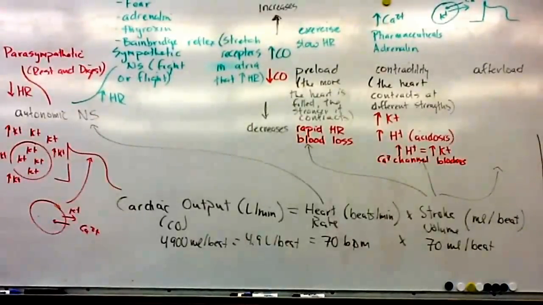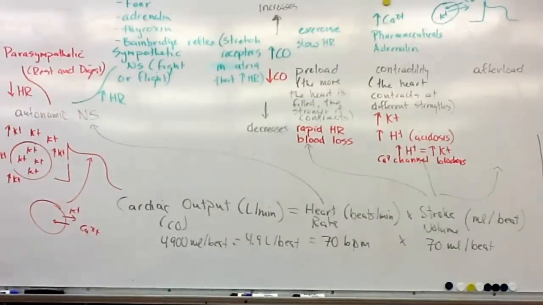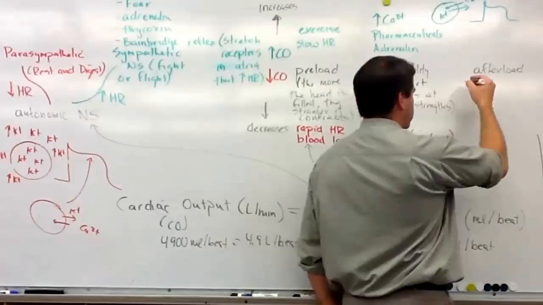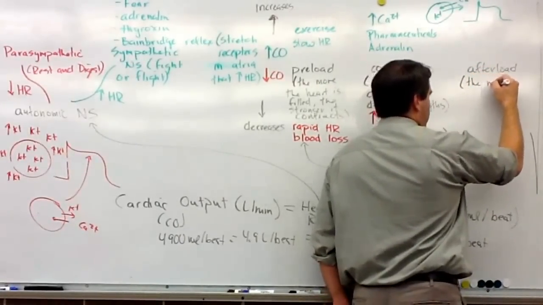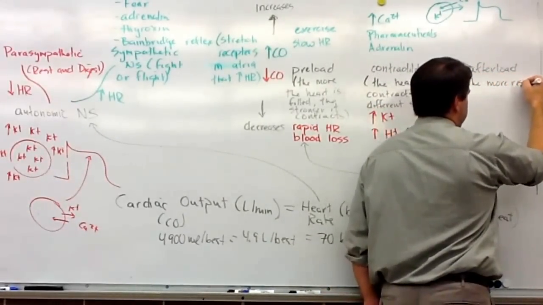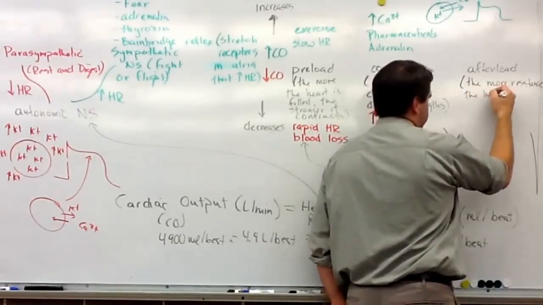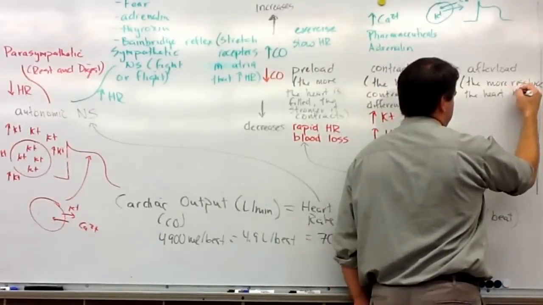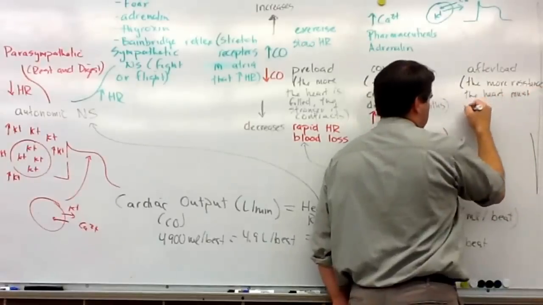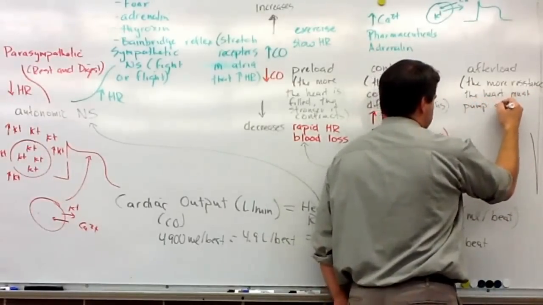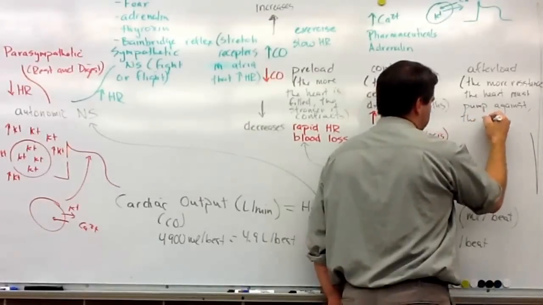Afterload is really the tricky one, because you just have to think it through a little bit. What afterload is: the more resistance the heart must pump against, the slower the contraction.